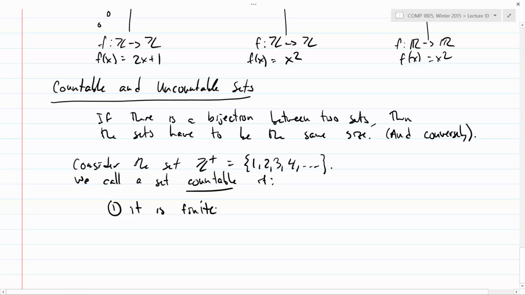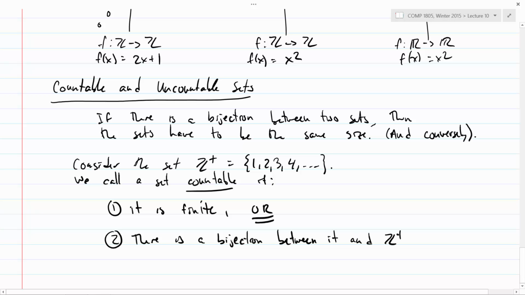So all finite sets are countable. Or there is a bijection between it and Z plus. And notice that that's exactly the same as saying it has the same cardinality as Z plus.